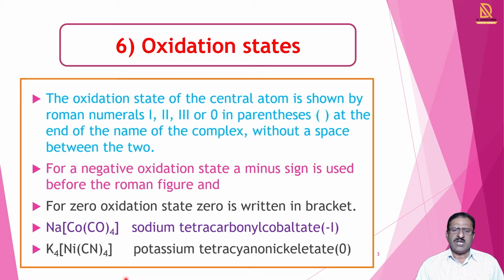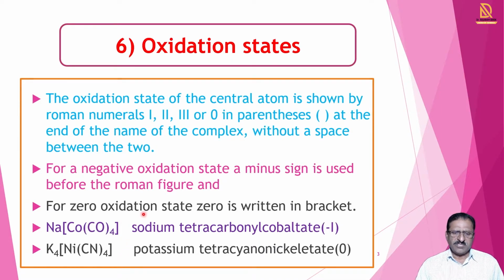Generally we say that the oxidation number of a metal is positive, so how can it be minus? But when it is minus, we write such oxidation numbers, minus, 0 or plus, in parentheses.